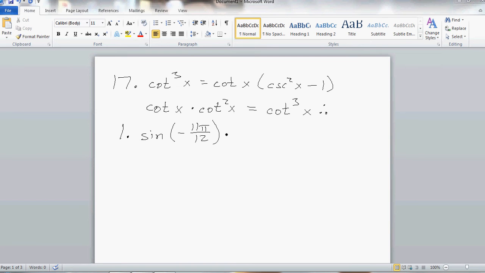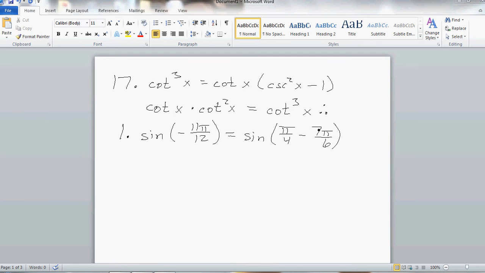Now, the first thing we have to do is to come up with some combination, adding or subtracting, of angles that we know. And there are many, but the one I'm going to choose here is I'm going to take pi over 4 and then subtract out 7 pi over 6. And if you look, pi over 4 minus 7 pi over 6 will equal negative 11 pi over 12.